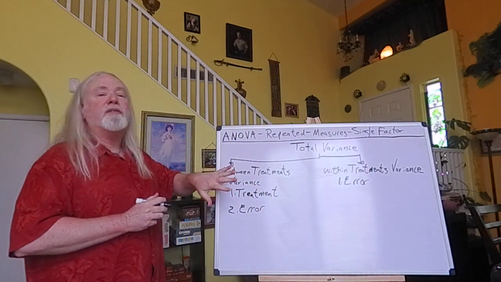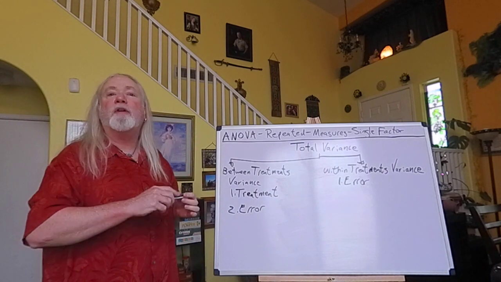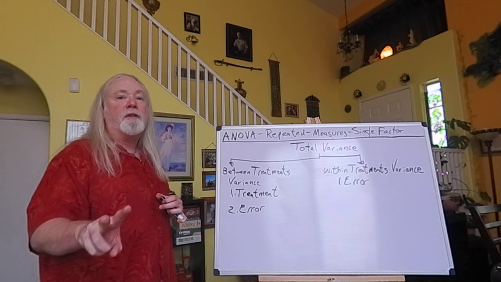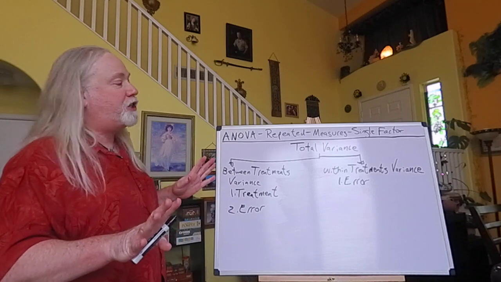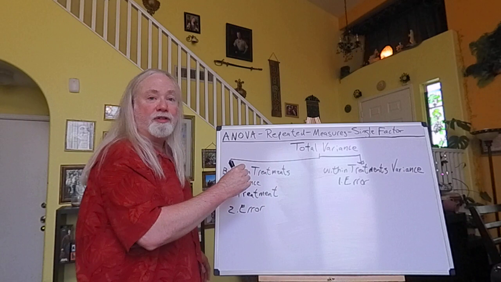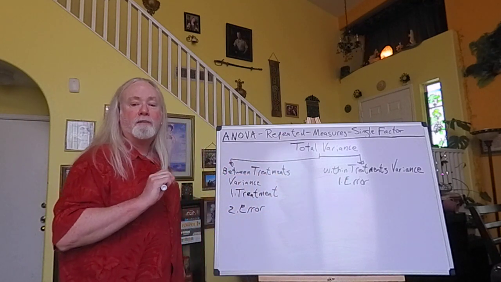So this is what we often call stage 1. In a repeated measures ANOVA, we think of this as a 2-stage process. So the first stage is identical to the independent measures ANOVA. The first stage is doing what we already know how to do. Break out, analyze our variance into between treatments variance and within treatments variance.